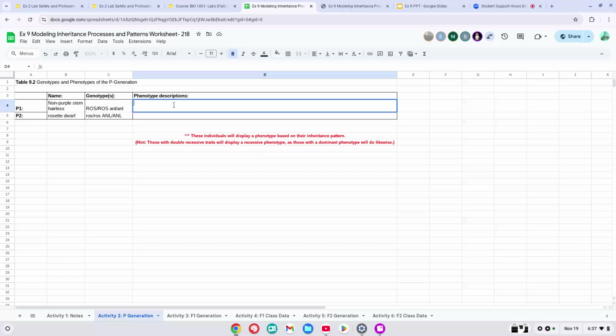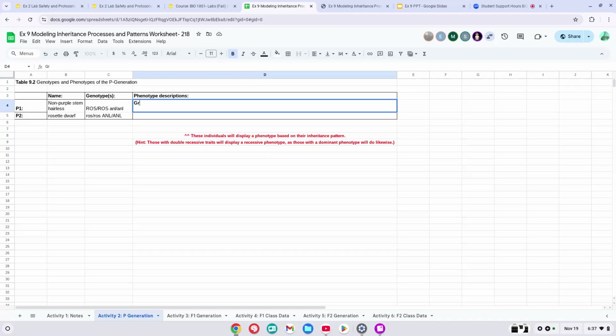Do you want to kind of give it a shot? Audrey, do you want to try? Would it be, since it's not purple, it would be homozygous recessive, right? Right, and that would mean it would be green, right?